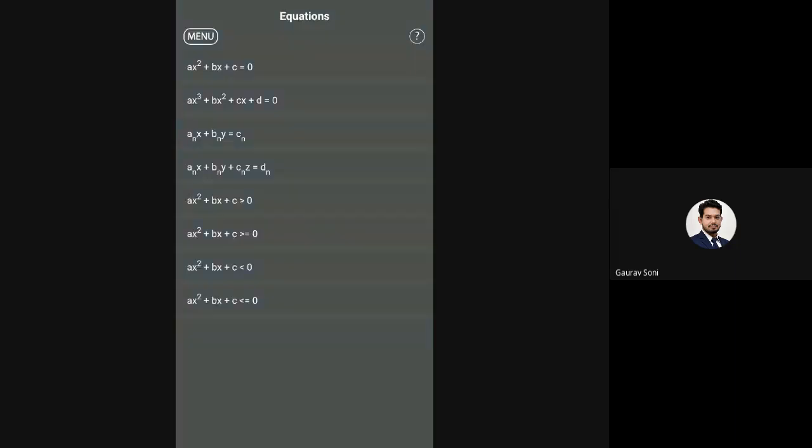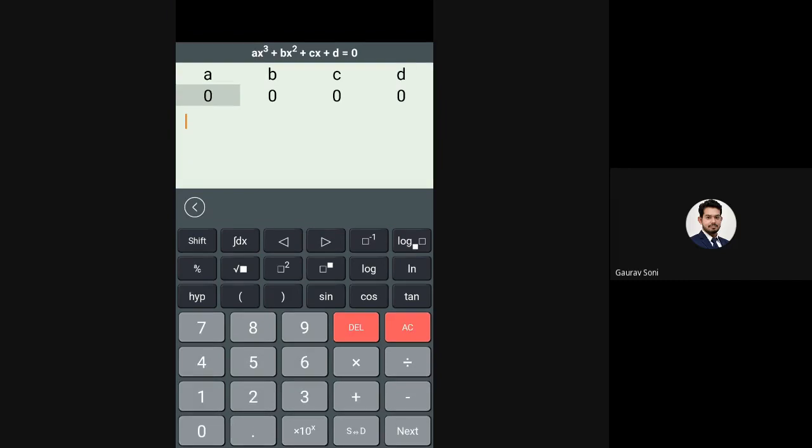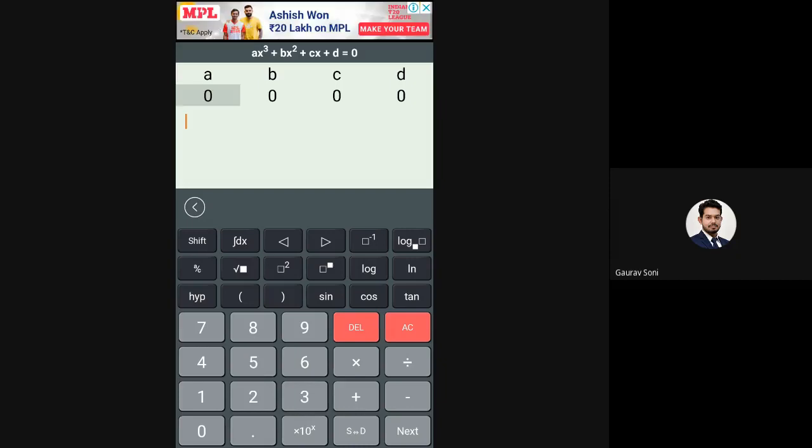This kind of equation will be there. Okay. Now I will select this. So in some of the calcs, it will ask the value of a. So I will enter the value of a. The value of a is the coefficient of x cube, so it is 1. In your calc, you press equal to.